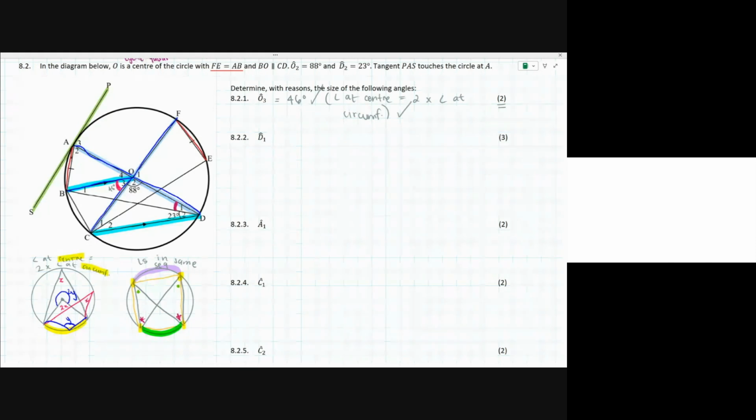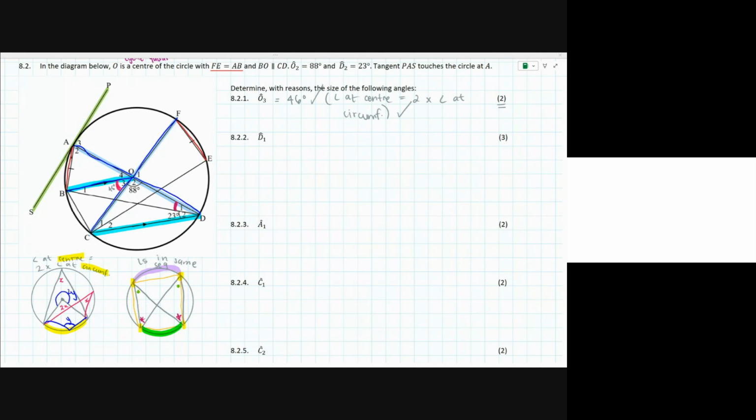Mtlati, why have you said 180 minus 88 and then divided by 2? Like, it's a triangle OCD, which forms 180.